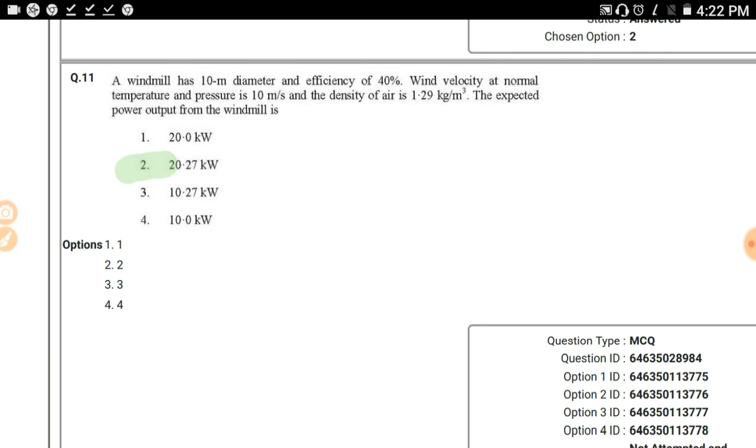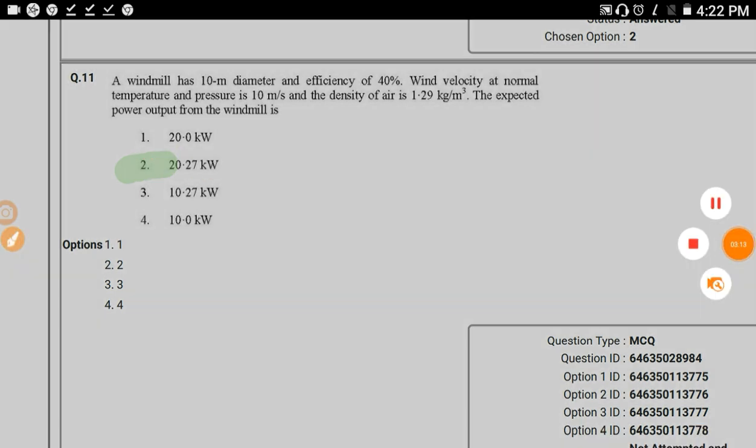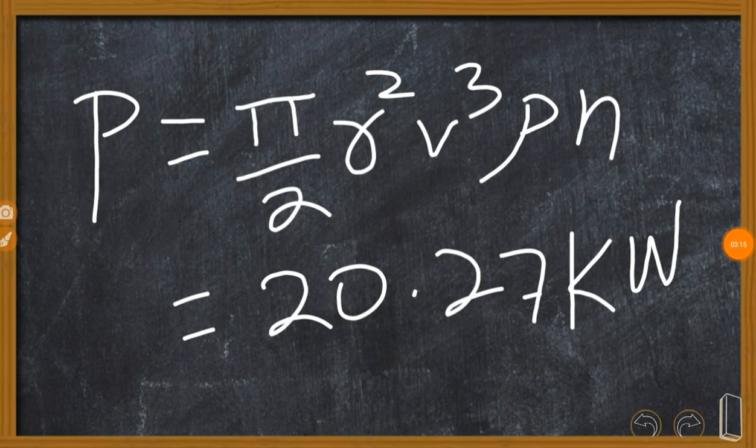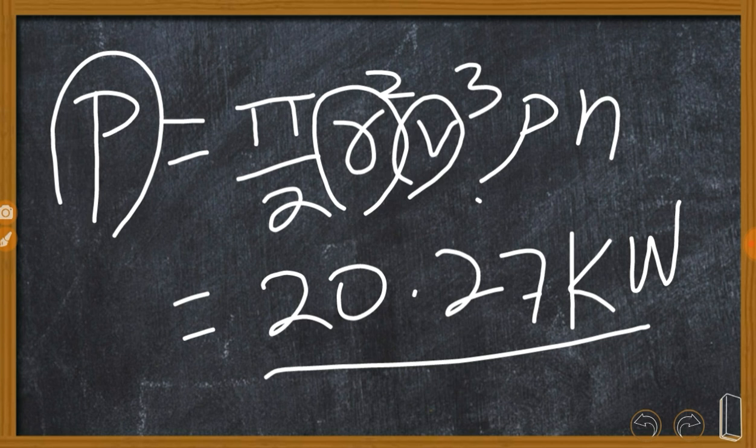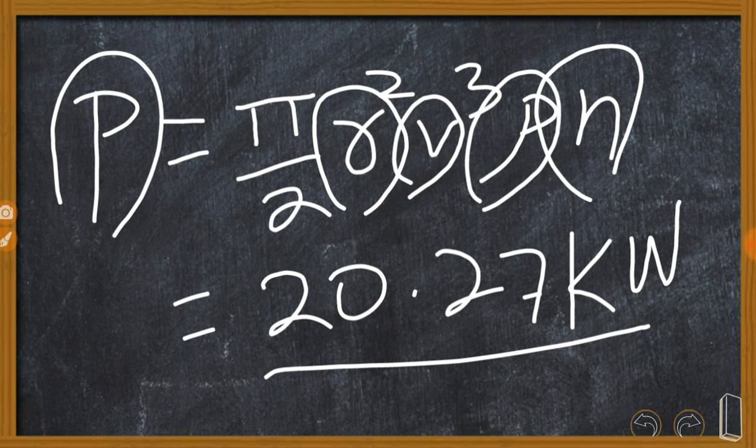The expected power output of the windmill is 20.27 kilowatt. By using this formula we can get the answer: power is equal to pi by 2 r square, where r is the radius, v is the velocity of the wind, rho is the density of the air, and n is the energy efficiency factor. So we can get the result.